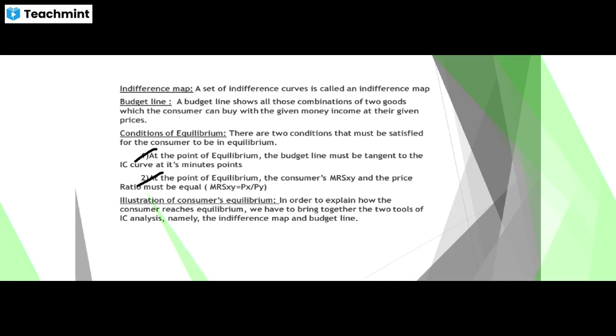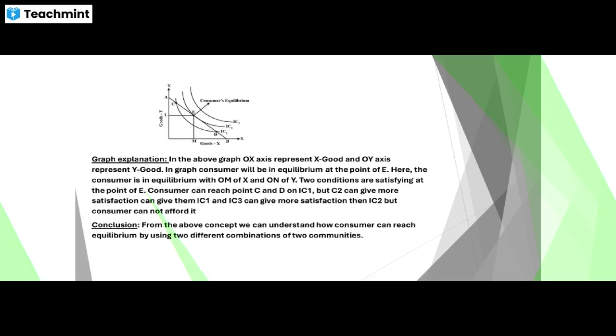In order to explain how the consumer reaches equilibrium, we have to bring together two tools of IC analysis, namely the indifference map and budget line. So both we have to use. Here in the graph, AB is a budget line and IC1, IC2, IC3 curves are indifference curves.